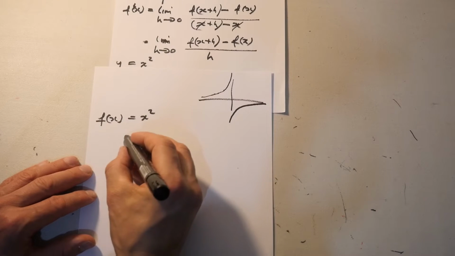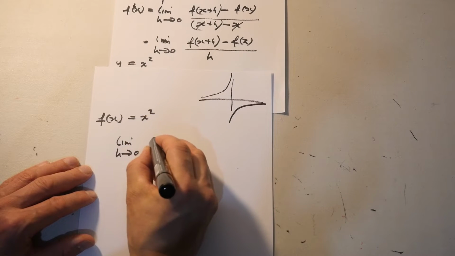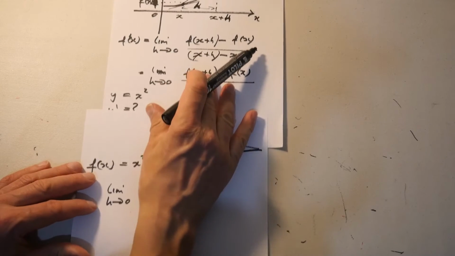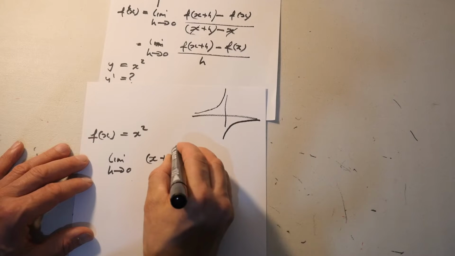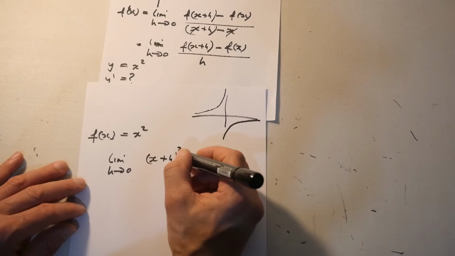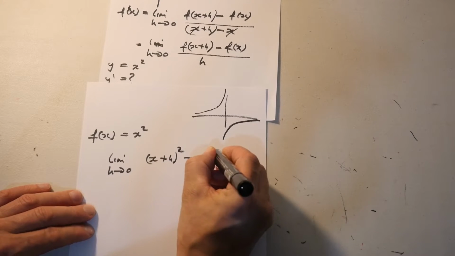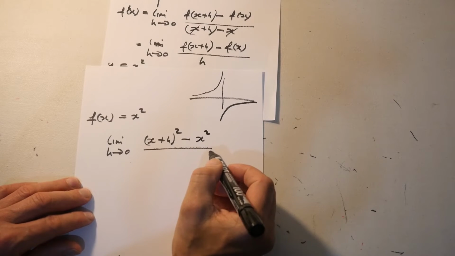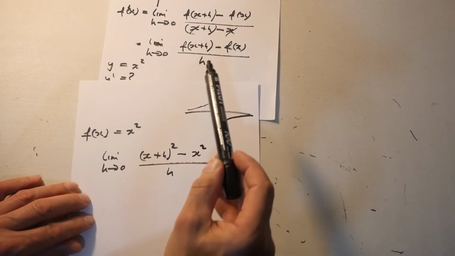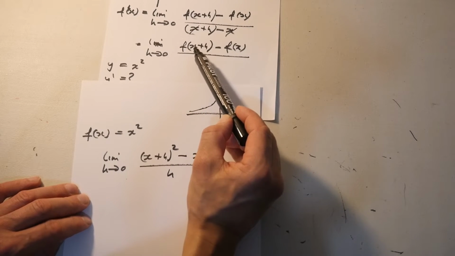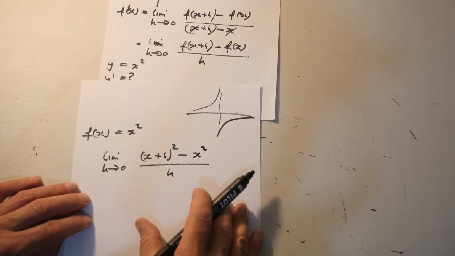So in the limit as h tends to 0, the function of x is now x plus h, so x plus h squared minus x squared, divided by h. So the function f of x equals x squared, so f of x plus h is x plus h squared, so x plus h squared minus x squared over h.